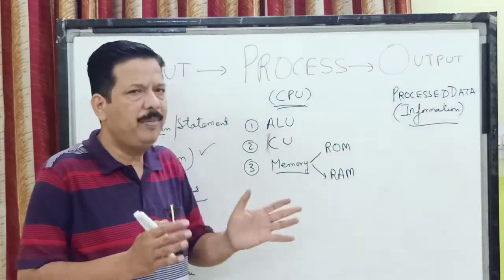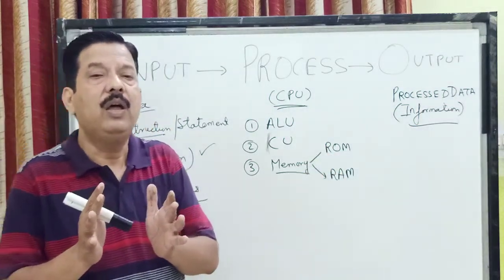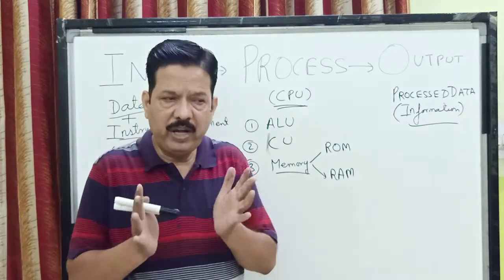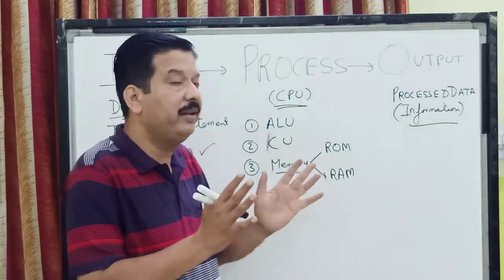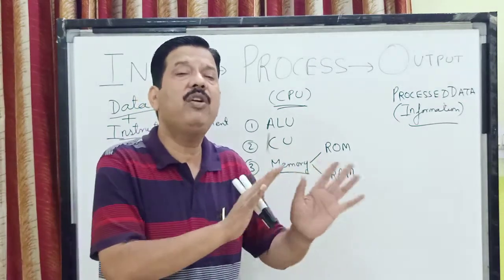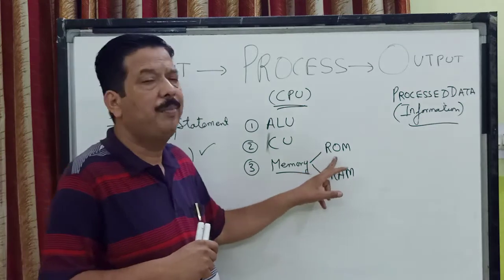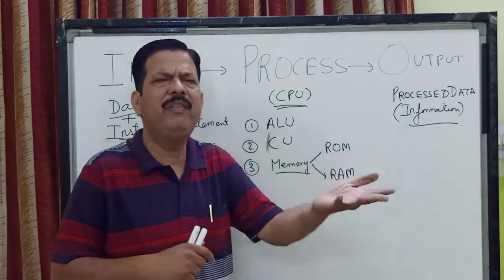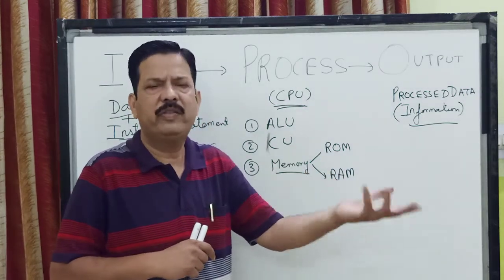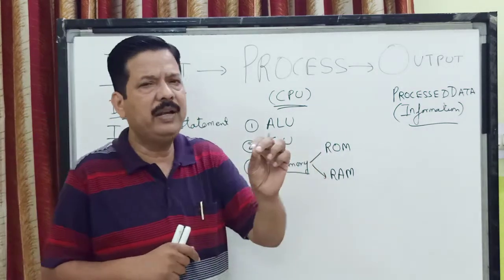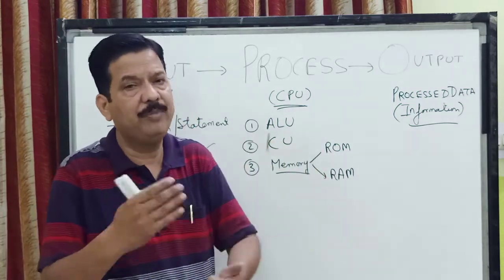In this memory, we say that it is non-volatile, or a permanent memory. Whatever instructions are written in this memory at the time of manufacturing of the computer are stored in the chip. These instructions are permanently stored, and we can change them only by some expert methods. Read-only memory contains instructions which are going to start up your computer.